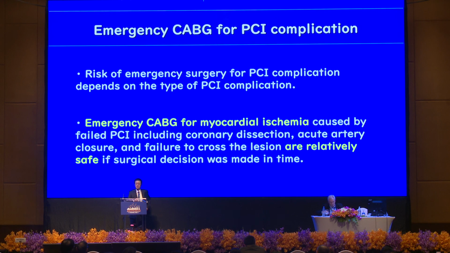So the risk of emergency surgery for PCI complication depends on the type of the PCI complications. Emergency CABG for myocardial ischemia caused by failed PCI, from coronary dissection, artery closure, failure to close the lesions, is relatively easier to solve if the surgical decision was made in time.